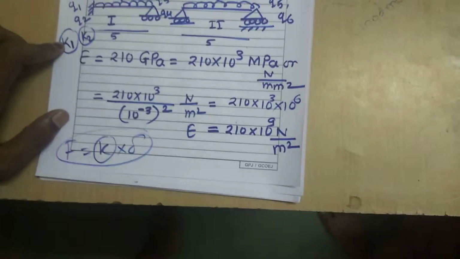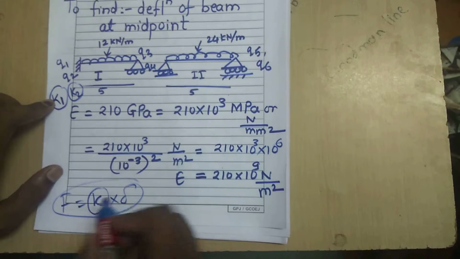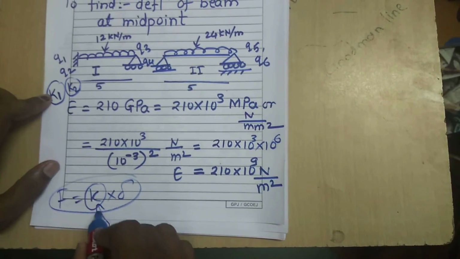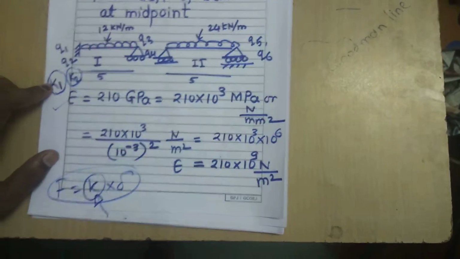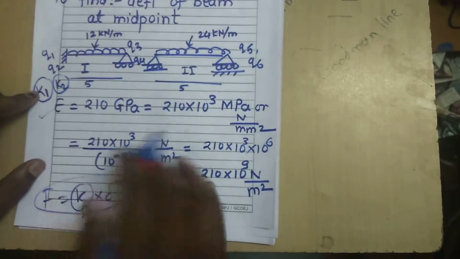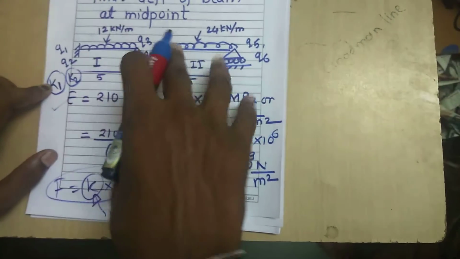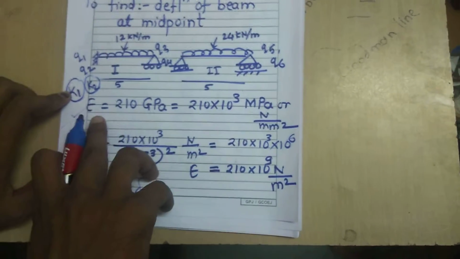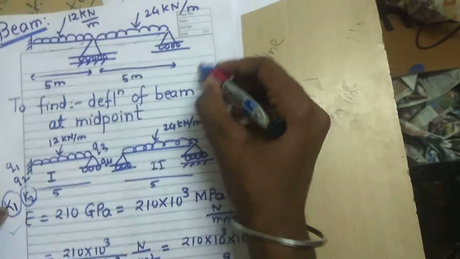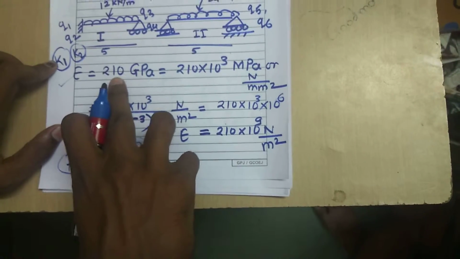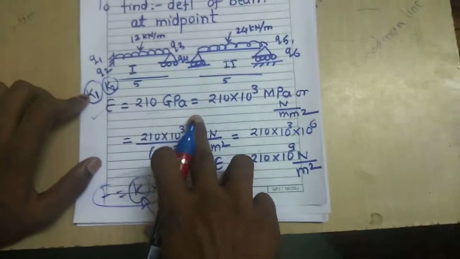In the stiffness matrix we have to calculate the K matrix. For that we have to take the value of E, Young's modulus. We should take each and every value in the case of a beam in SI units. E will be 210 GPa, gigapascal.